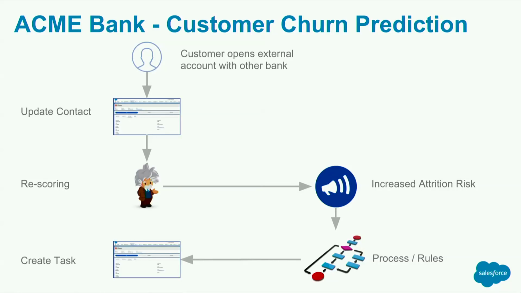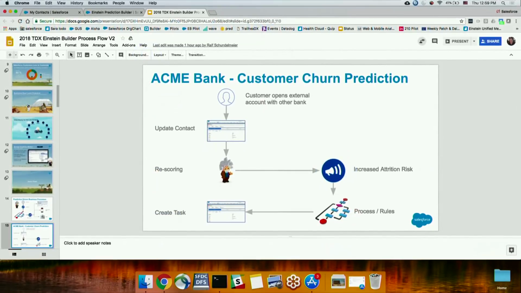We pass it on to the Einstein platform, we recalculate, and based on that recalculated score, I determine there's an increased attrition risk. With this increased attrition risk, I go into the rule evaluation, and we determine in this example that we want to create a task for the account manager to follow up. So switching over to the demo.